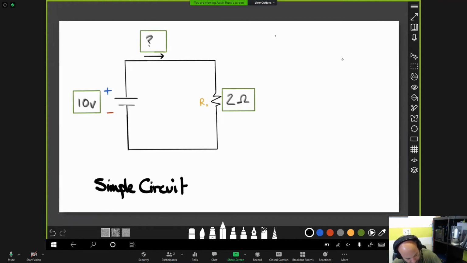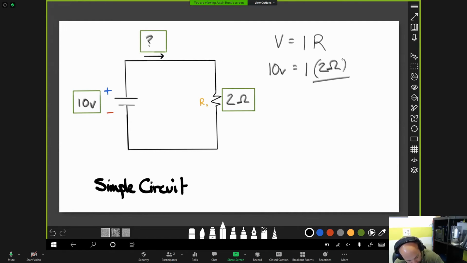So let's use our formula and knock this guy out real quick. Our formula is V equals I times R, and let's just plug in here. So our voltage is 10 volts equal to I, yet to be discovered, and then we have 2 ohms as our resistance. All right, we just need to balance this simple equation.